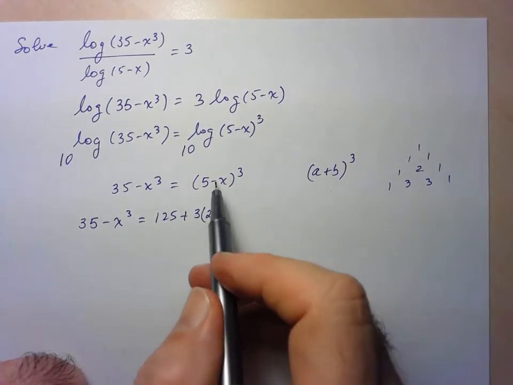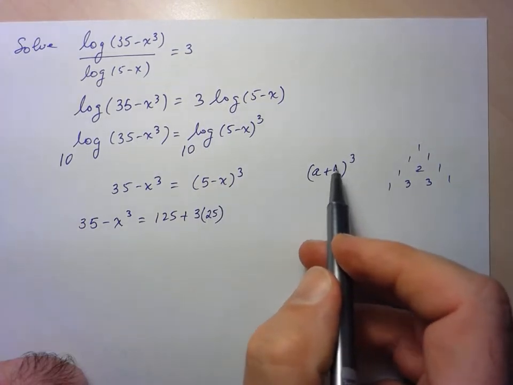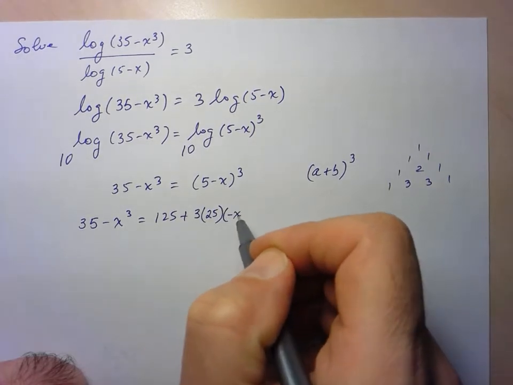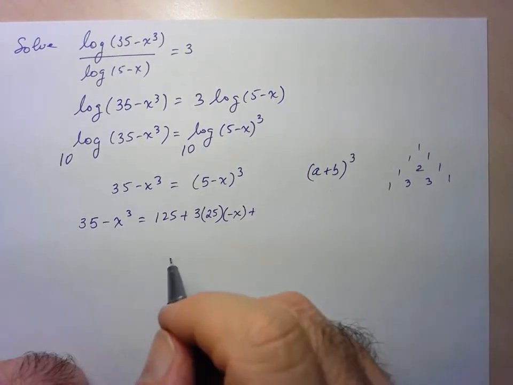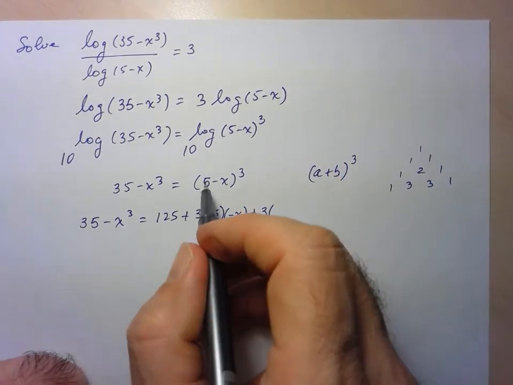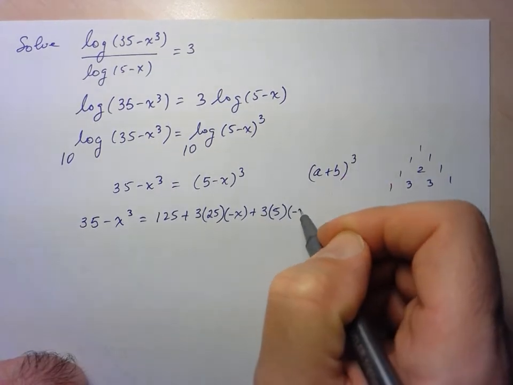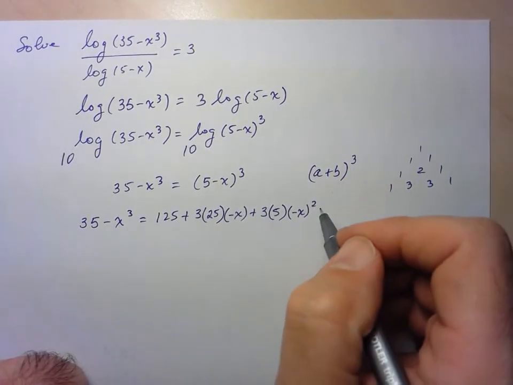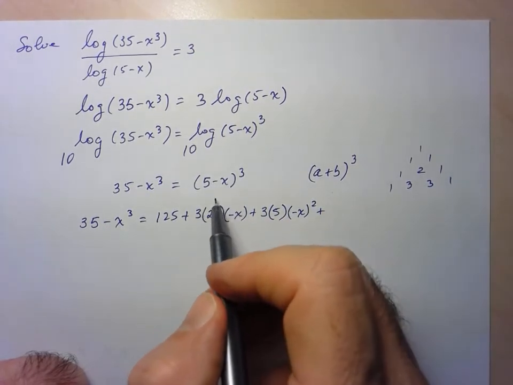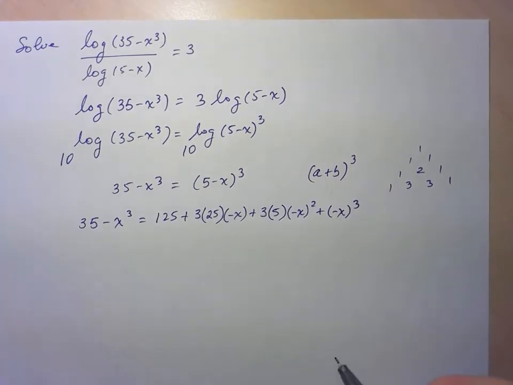And now we're going to take negative x, because here a plus b means b is equal to negative x, to the exponent 1, so just negative x. Plus, now our next coefficient is 3 again, and I'm going to take 5 to the exponent of 1 and negative x squared. And lastly, our last coefficient is 1, and now I'm going to cube the b value, which is negative x, so negative x cubed.